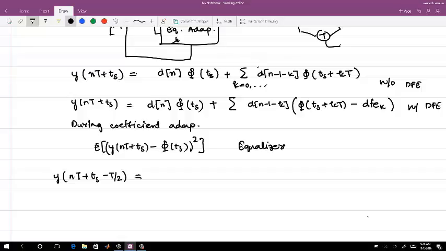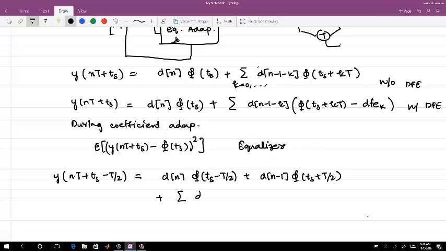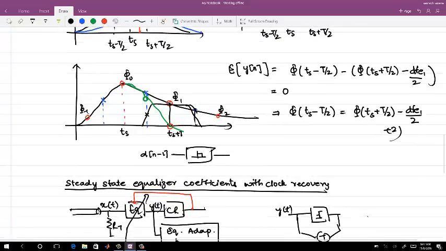At the edge, I have d of n phi of Ts minus T by 2, plus d of n minus 1 into phi of Ts plus T by 2, plus d of n minus 1 minus k. Now what comes here is something which you need to look at. So look at this.